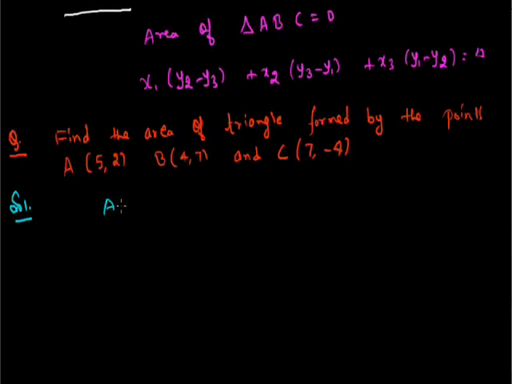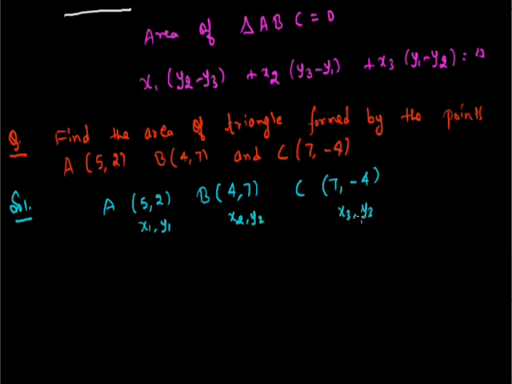Now A (5, 2), B (4, 7) and C (7, minus 4). Let this be x1 y1, x2 y2 and x3 y3.